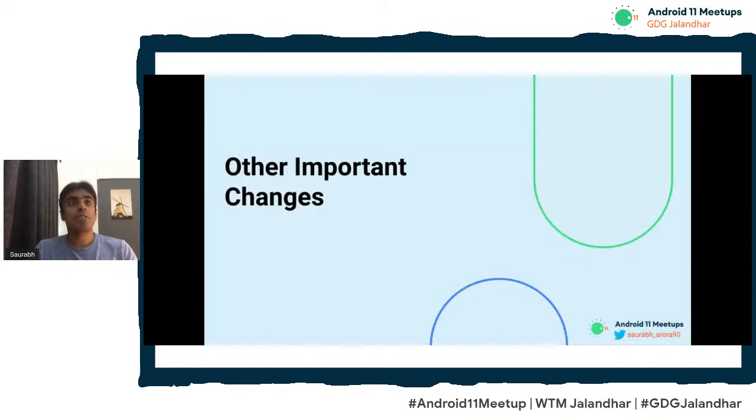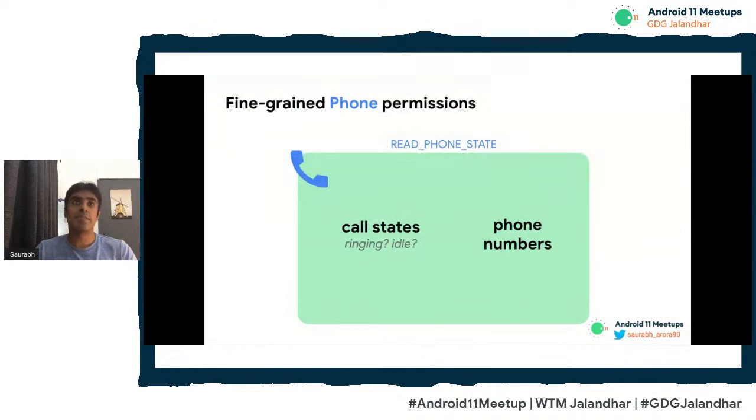All right. Now, just a quick turnaround onto some other nitpicks and a few other minor privacy changes which we cannot bucket under specific sections. Phone permissions have been restricted. Earlier, read phone state would give you access to calling state, which is generic info, like is the phone ringing, is the phone idle? But that would also give you access to the phone number of the user who's calling in.